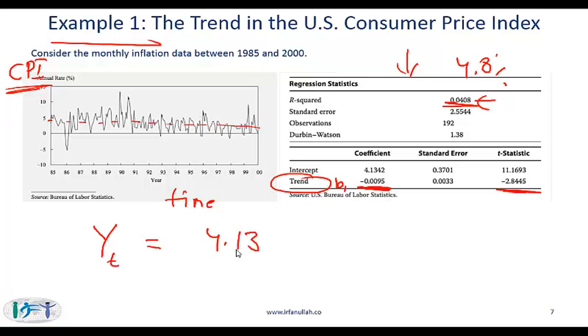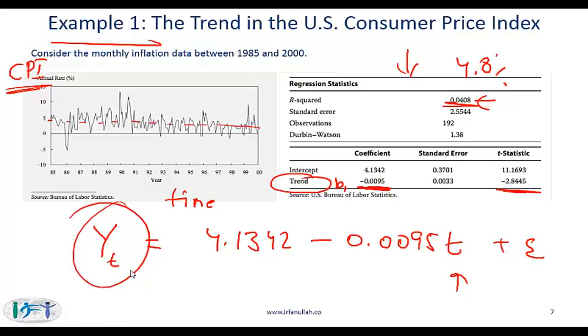So I'll take the full thing, 4.1342 minus 0.0095 times t. And then there is an error term with an expected value of 0, which means that we can simply plug in values of t and get a prediction for y.